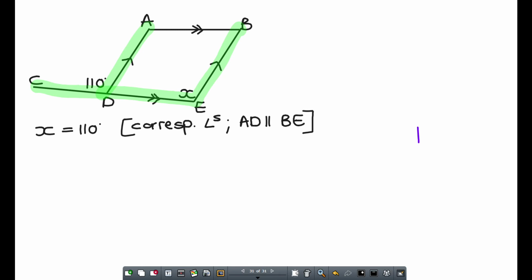Okay, hands up, we're still copying here? Right, so now we're doing alternate angles.